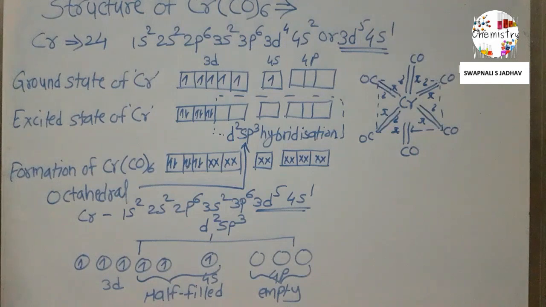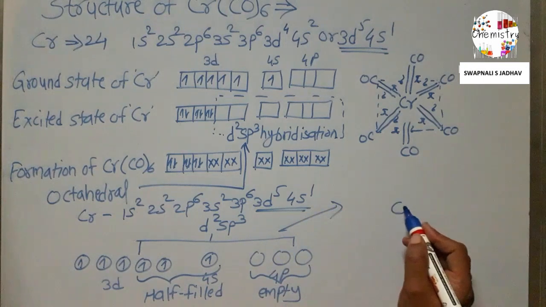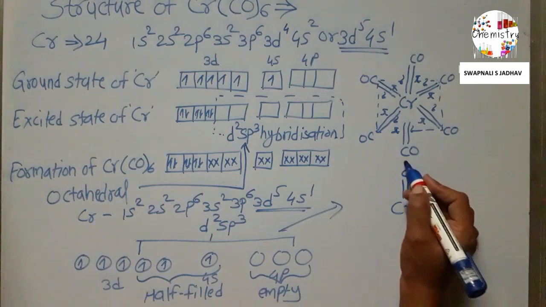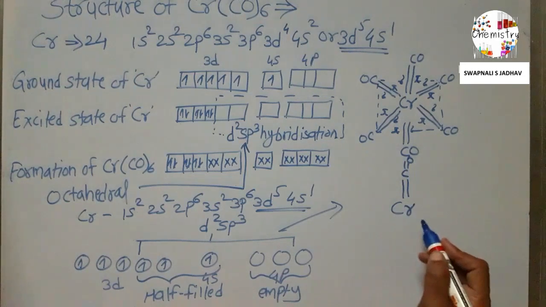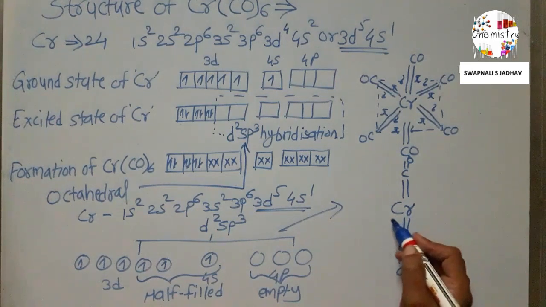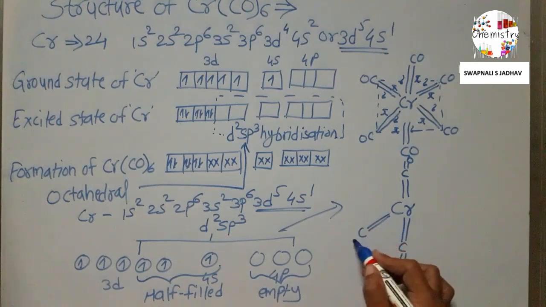The doubly bonded carbonyl groups are not replaceable easily, but the single bonded carbonyl groups are replaceable easily by strong electron donors. So according to that, the structure of Cr(CO)6 becomes: chromium with three coordinate bonds and three covalent bonds.